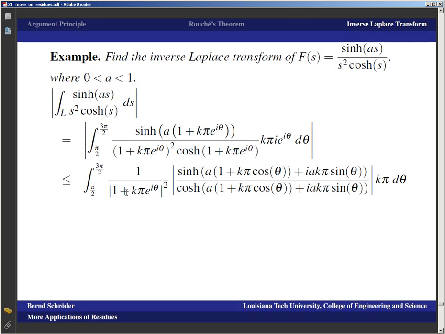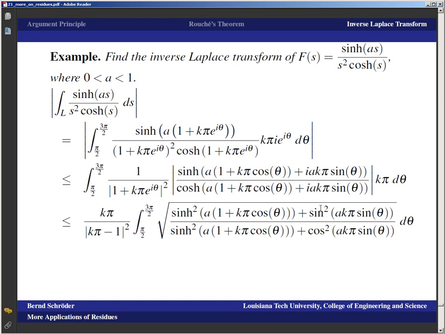1 over 1 plus k pi e to the I theta absolute value squared, that's just this term of the denominator. I wanted to keep that separately for our estimate. And then we've got the sinh of the inside as an absolute value, and k pi e to the I theta is k pi cosine theta plus ia k pi sine theta as we multiply that out, and that's the same for both arguments here.